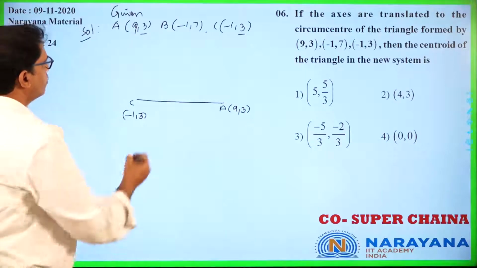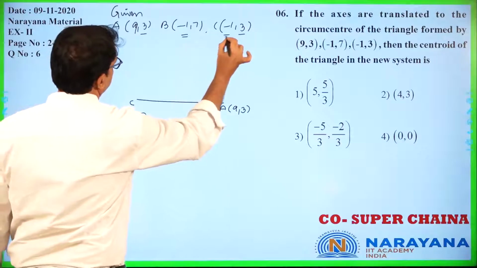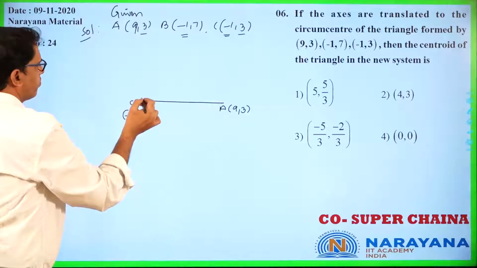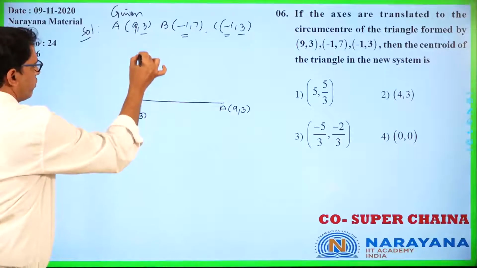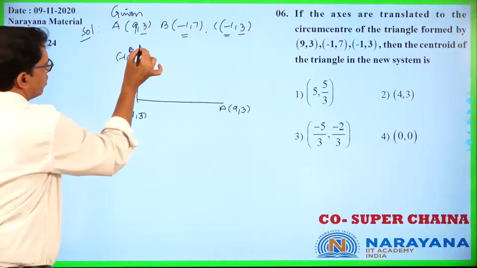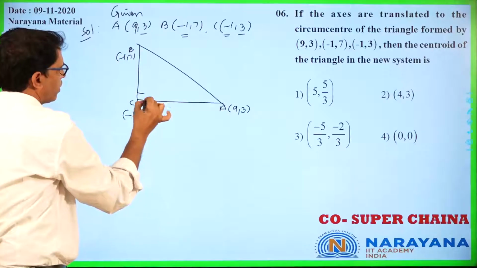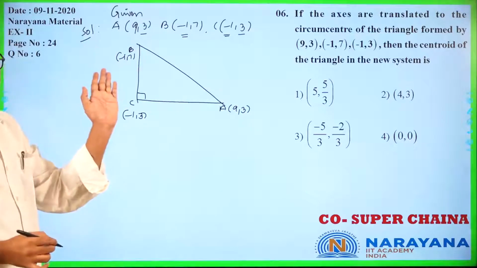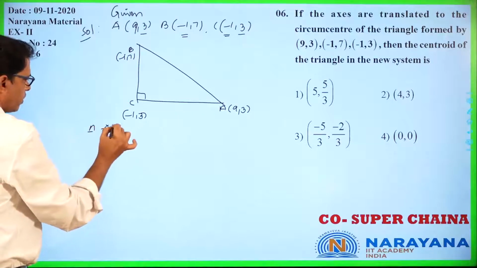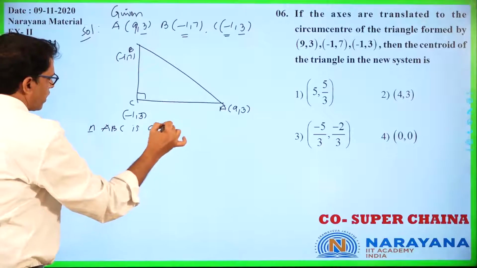Then observe B and C: the x coordinates are the same, so it is a vertical line. B is minus 1 comma 7. So we have a horizontal line and a vertical line, therefore triangle ABC is a right angle triangle.